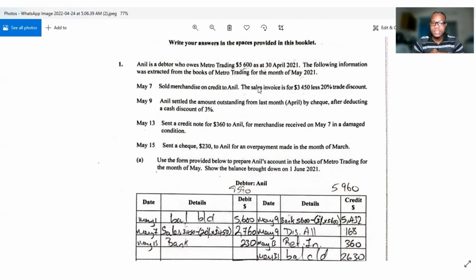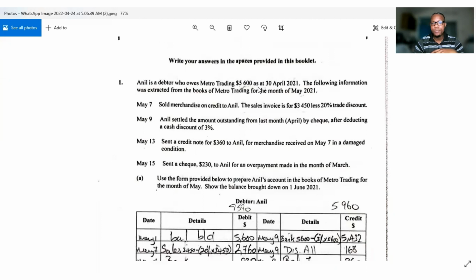May 9, Anil settled the amount outstanding from last month, which was April, by a check after deducting a cash discount of 3%. May 13, sent a credit note for $360 to Anil for merchandise received on May 7 in a damaged condition. And then May 15, sent a check for $230 to Anil for an overpayment made in the month of March. They are saying that we should use the form right below to prepare Anil's account in the books of Metro Trading for the month of May and show the balance brought down on the 1st of June 2021.